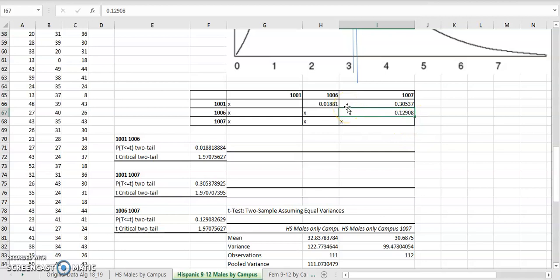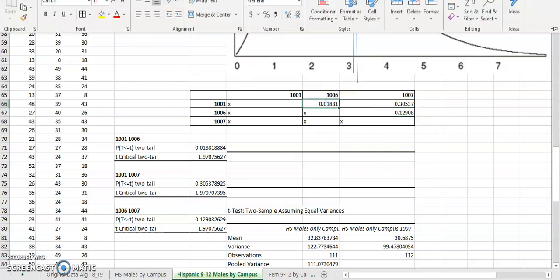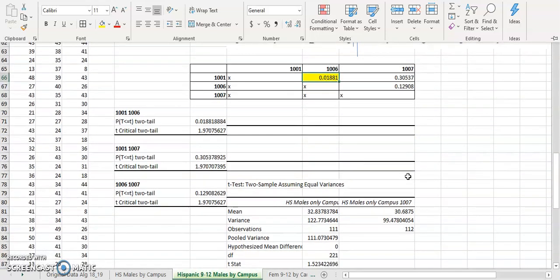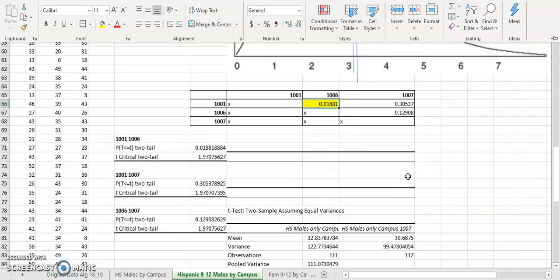The most significant of those is this one right here, the 1001 to 1006. That one is the least of those, so it's the most different from my t-critical value, and that's the one on which I would focus on the significant differences in those test scores. That's the one I would do further research on those campuses.